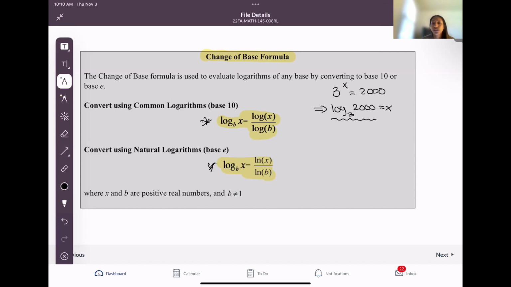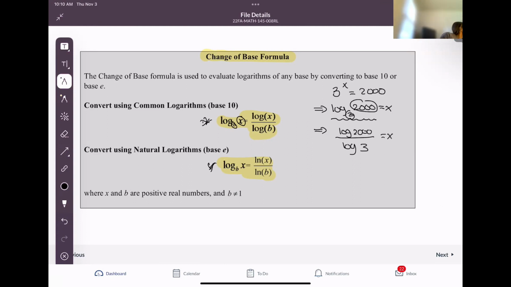Notice we start off with one log on the left-hand side, and then we're dividing 2 logs on the right-hand side. So to go from one log, log base 3 of 2,000, to 2 logs, this would be log of x, which is 2,000, divided by log of the base b, which in this case is 3. So log of 2,000 divided by log of 3.